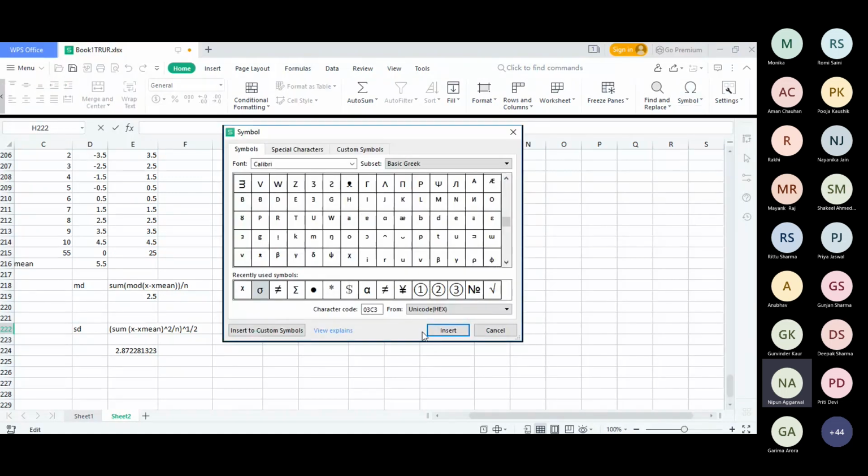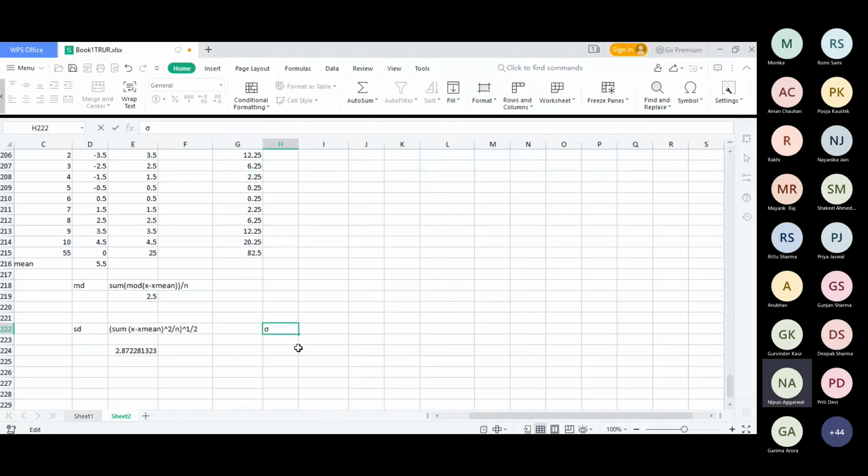Sigma is like this. So the standard deviation is represented by this sigma value. Sigma is equal to the under root of summation (x minus x mean) squared divided by n. That will be the method to calculate the measures of dispersion, like range, mean deviation, standard deviation, and variance, for individual discrete data.